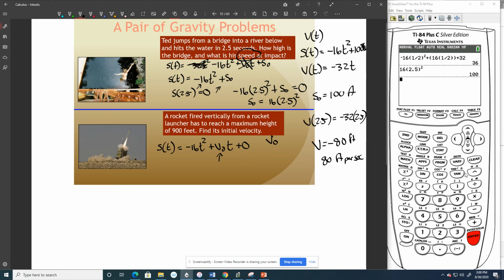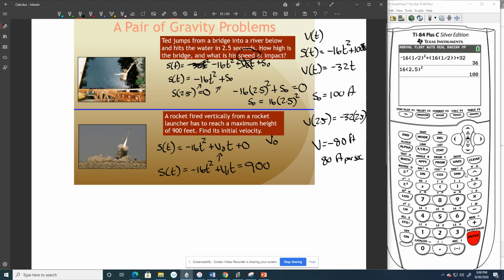Now what it tells me is my maximum height is 900 feet. So I'm looking for when my position is 900 feet up, so that I can figure out my velocity.